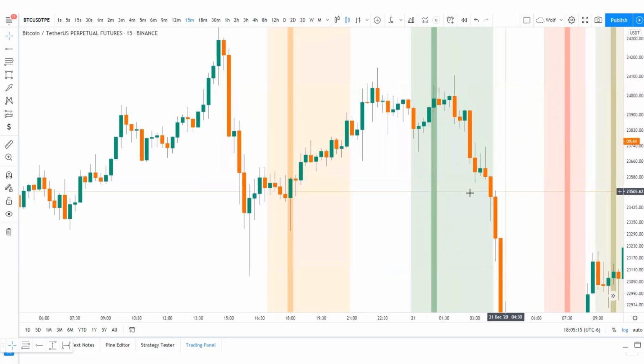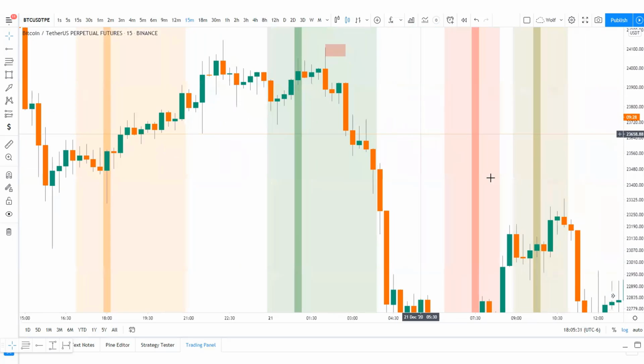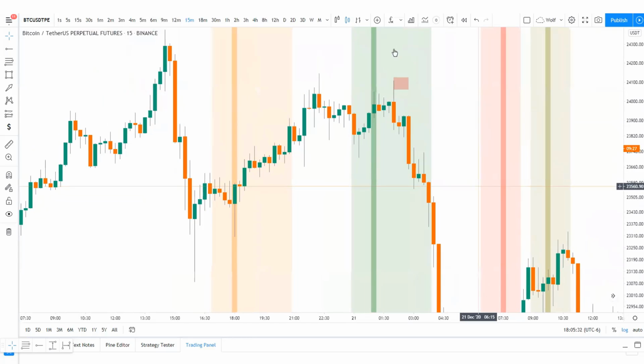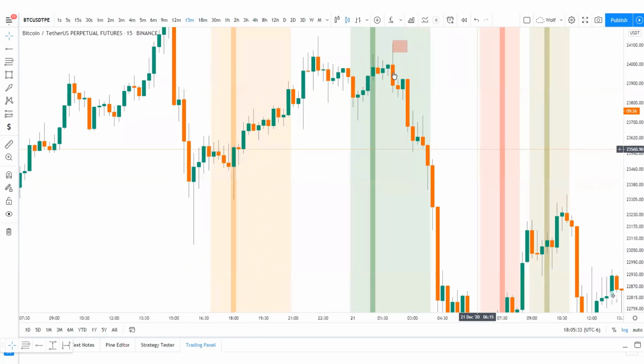So the next most popular time for reversals to happen in a kill zone is around the middle, I would say, somewhere right in here. When I saw this happen, first of all, it looked a bit fakey, like a bit of a fake out in my opinion.